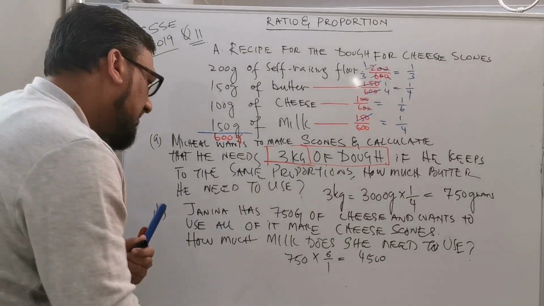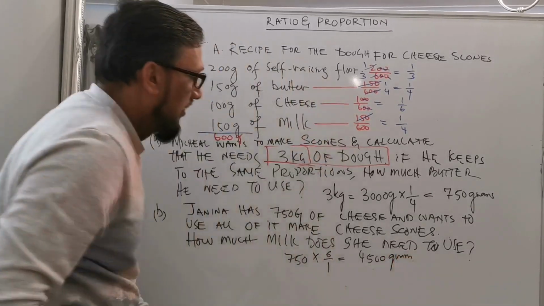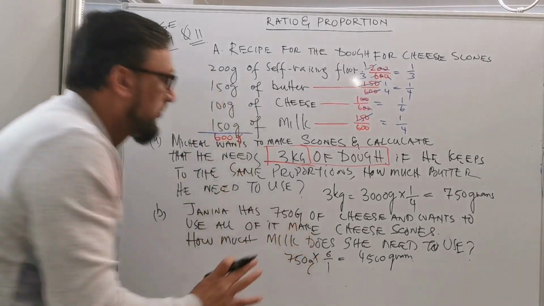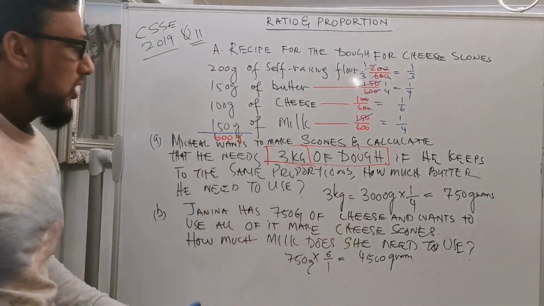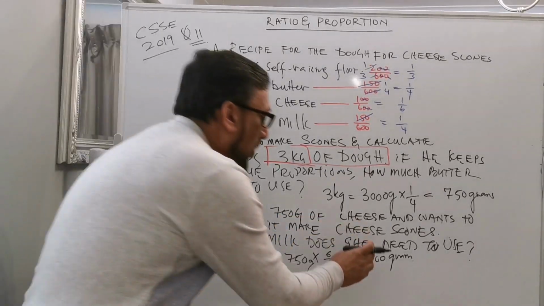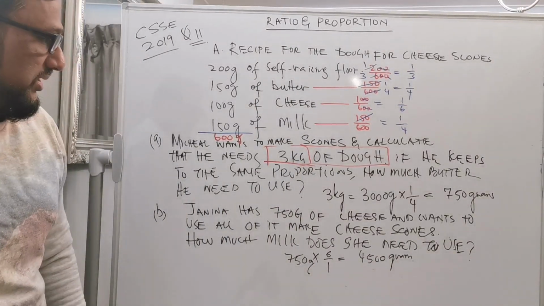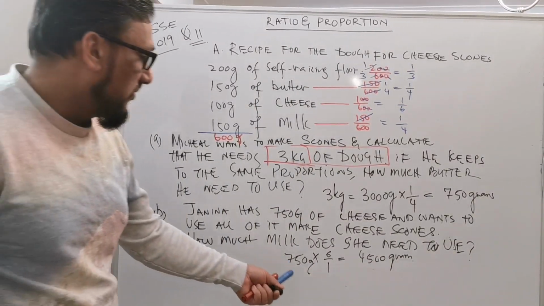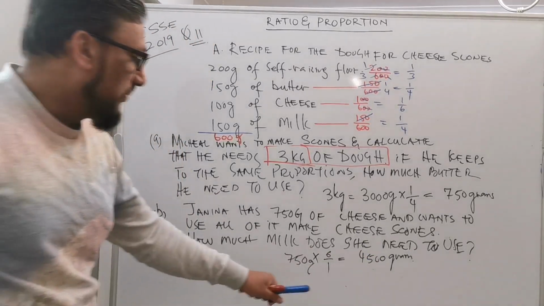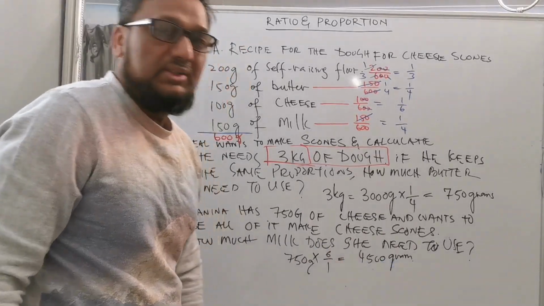If she wants to use 750 gram of cheese, it means she needs to make a dough of 4,500 gram. So she needs 750 gram for 4,500 gram, which we work out by just flipping the fraction to get the 4,500 gram.